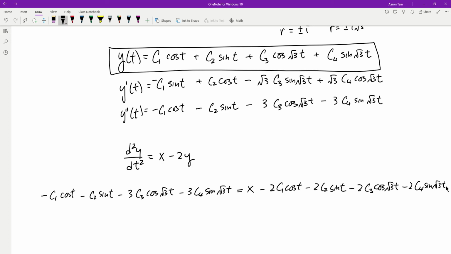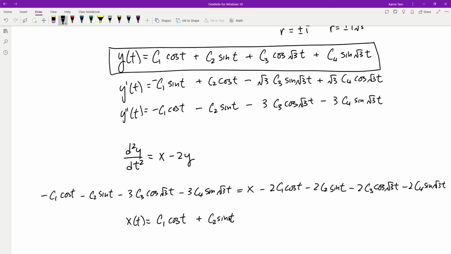So what I'm going to do is simply move everything over. If I do that, I will have x of t equal to, so for cosine, c1 cosine t, I have negative 1 on one side, negative 2 on the other side. When I move over, it becomes positive. So therefore it becomes c1 cosine t. Same thing with c2 sine t. I should have one positive left.